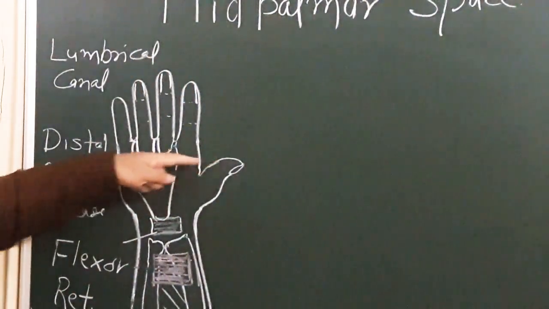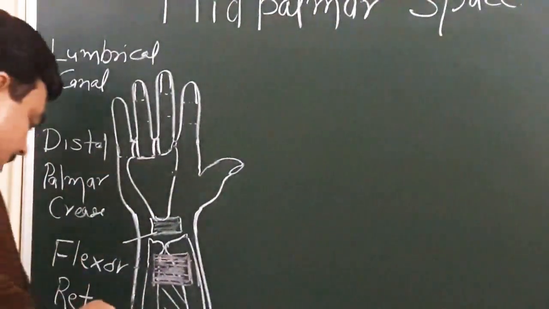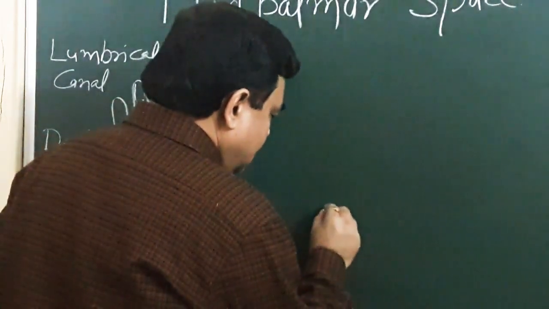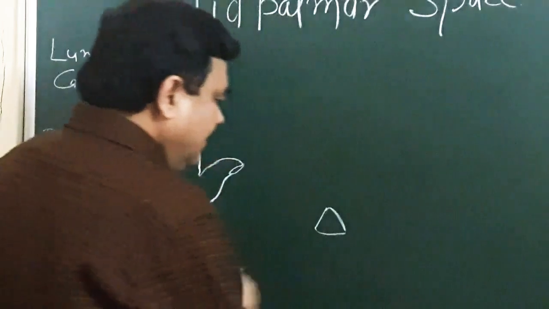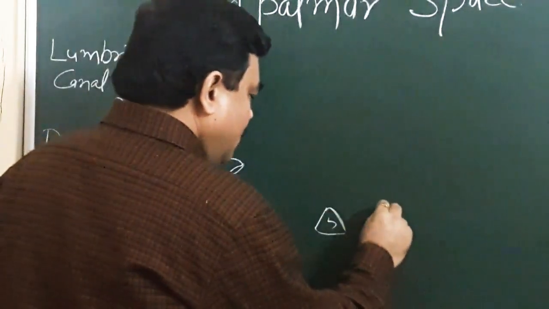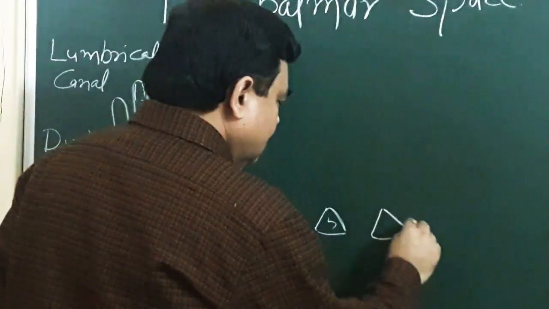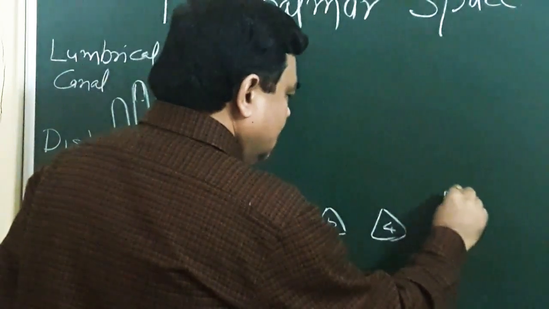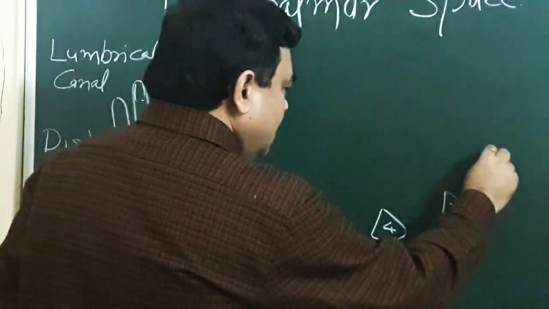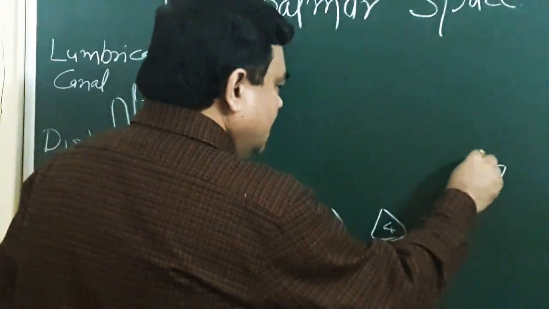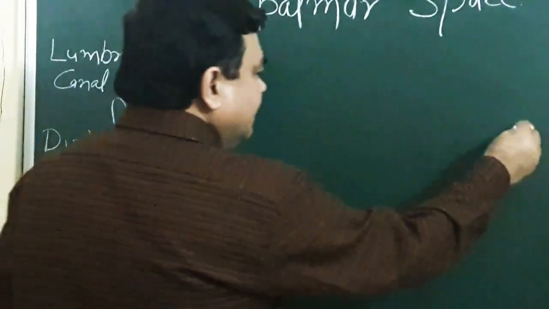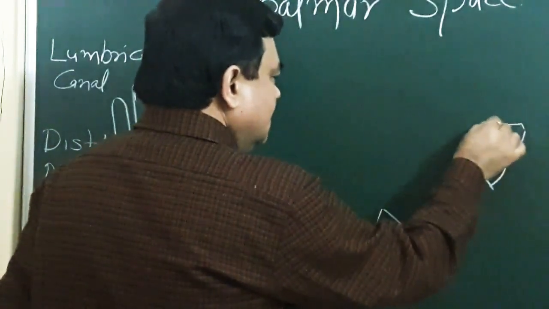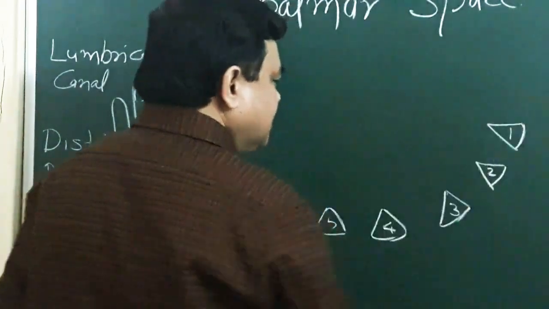If you take a transverse section at this level, you will find here the fifth metacarpal, fourth metacarpal, third metacarpal, second metacarpal, and first metacarpal.